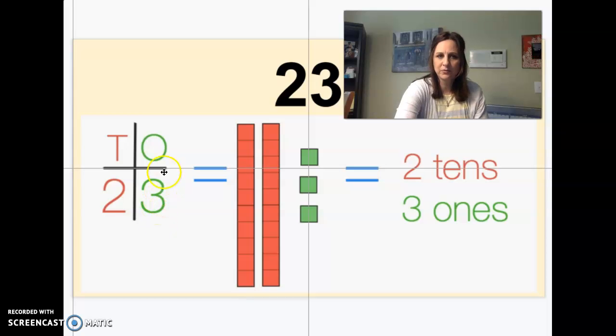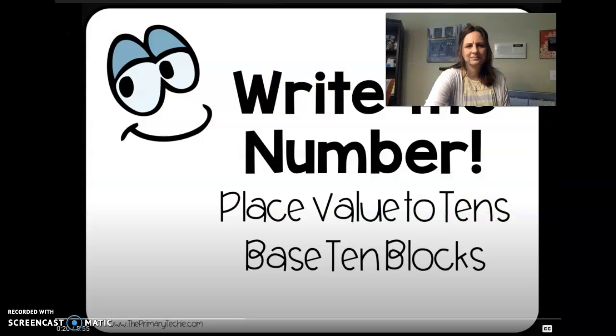And then 3, when it's in the ones column, means just 3: 1, 2, 3. So the number 23 can look like this, broken up with your tens and the ones. It also looks like this with your base 10 blocks. 2 tens and 3 ones is the same as 2 tens and 3 ones, which is the number 23. Okay, so I wanted to just review that really quickly so we can play our game.